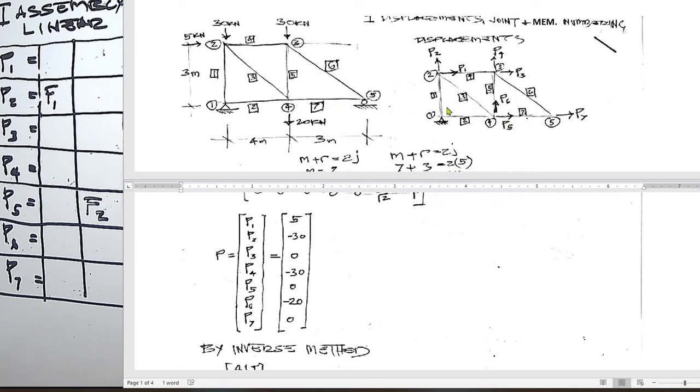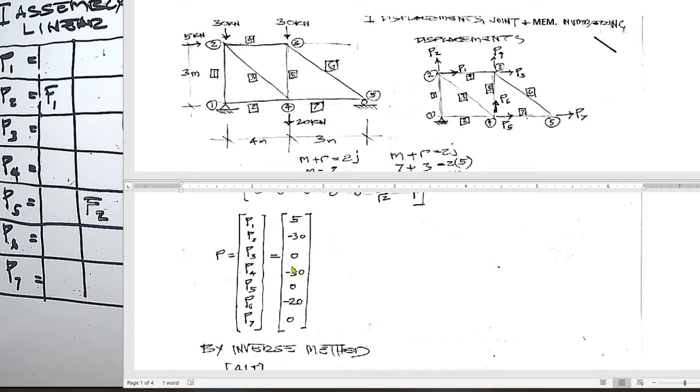Walang horizontal load. Pero sa P6, merong vertical load which is 20 na pababa, kaya negative 20 yan, no? And finally, dito sa P7, walang load, kaya 0 lang. So, ang P matrix is actually your load matrix.